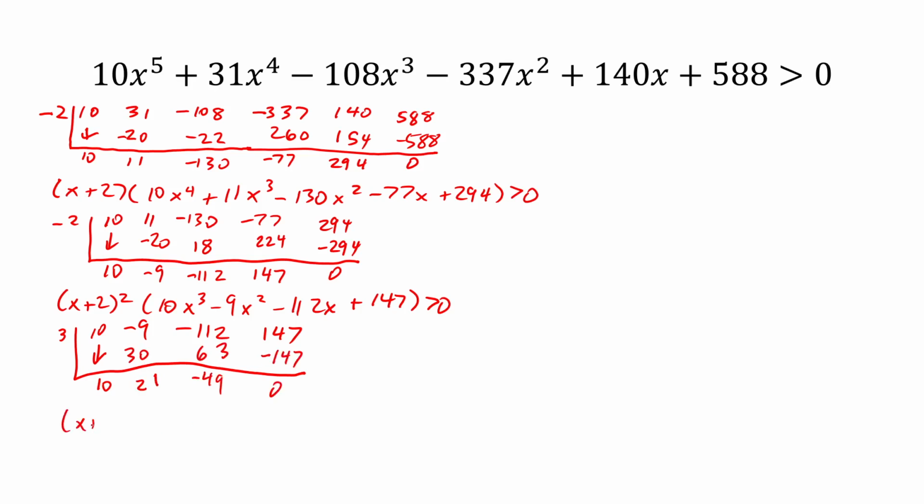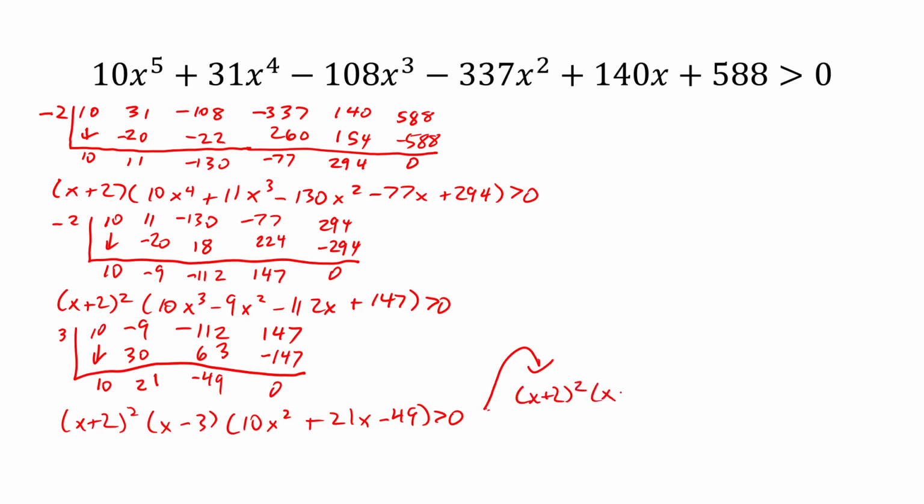And we see that x plus 2 quantity squared times x minus 3 times 10x squared plus 21x minus 49 is greater than 0. And that can be re-expressed as x plus 2 quantity squared times x minus 3 times 5x minus 7 times 2x plus 7 is greater than 0.